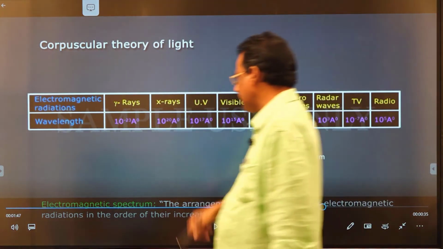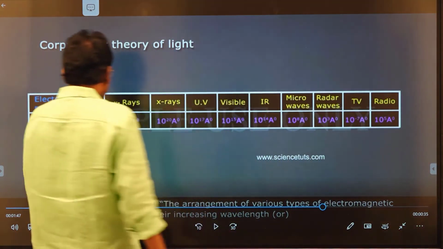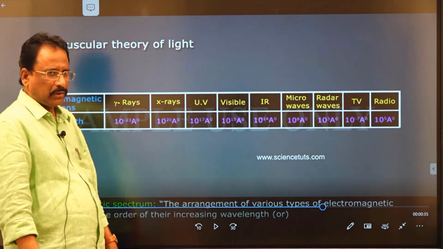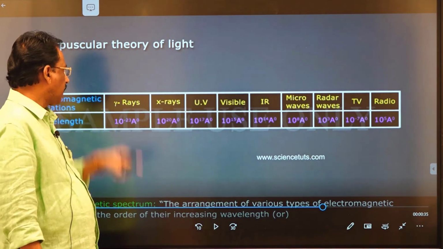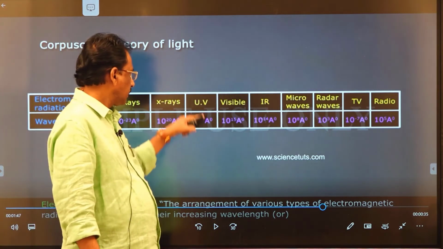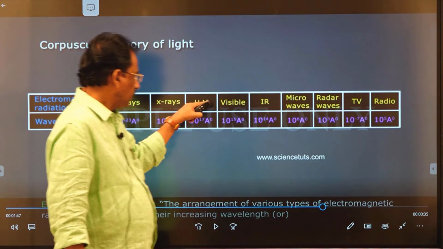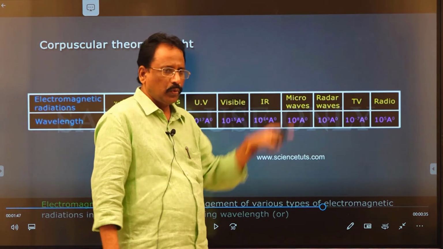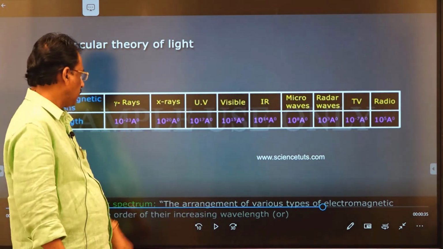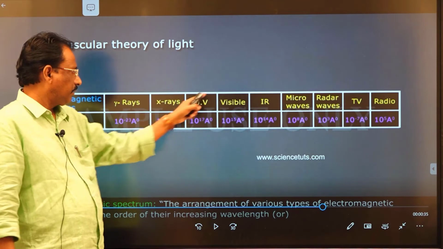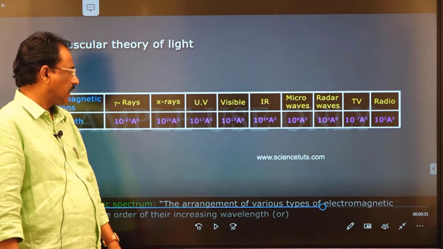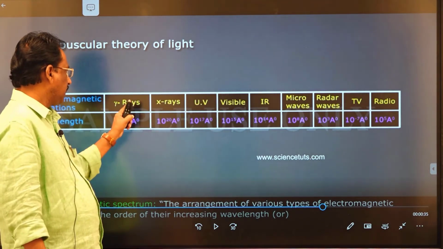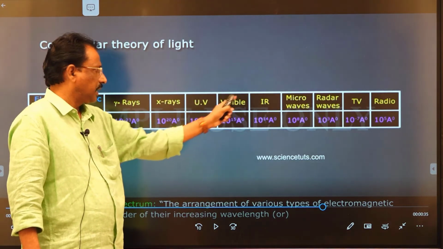This is one of the examples of electromagnetic spectrum. Gamma rays, X-rays, UV rays, visible radiation, IR radiation, microwave radiation. So here various types of electromagnetic radiations are arranged in the decreasing order of their energies.